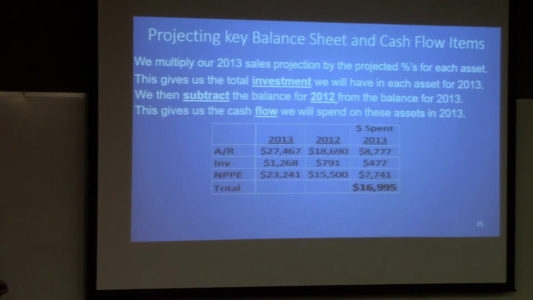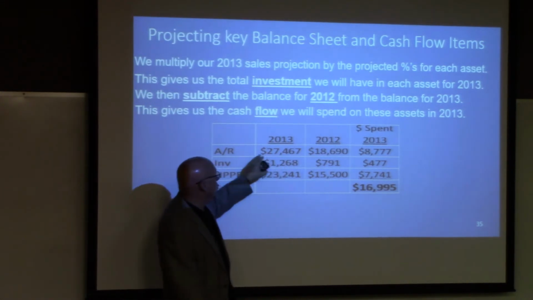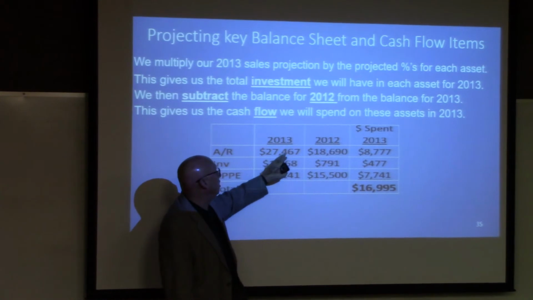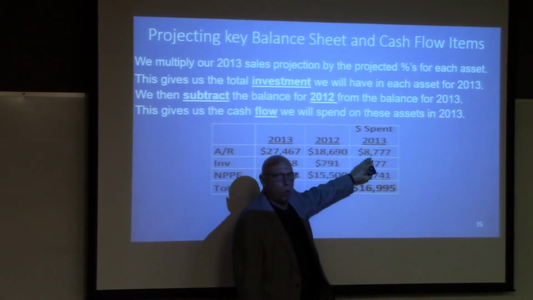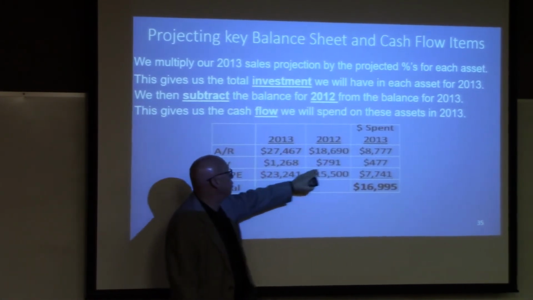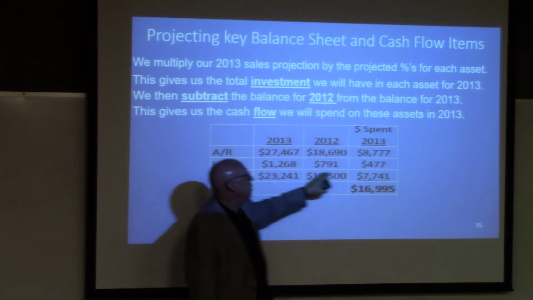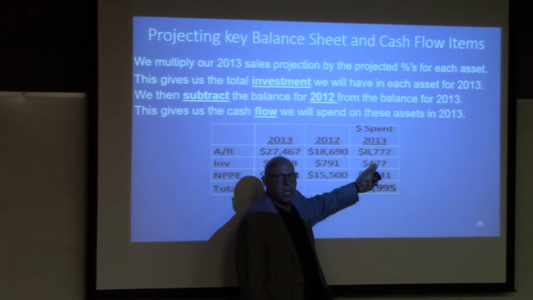So here we go. We think that accounts receivable will go from 18.7 to 27.5. That's an increase of 8.8. That's a cash outflow. We think that inventory will go from 791 to 1.3. That's an increase of 477. That is an outflow.